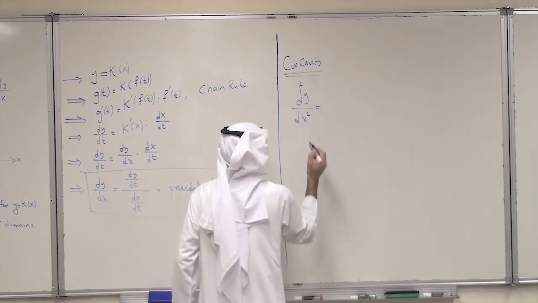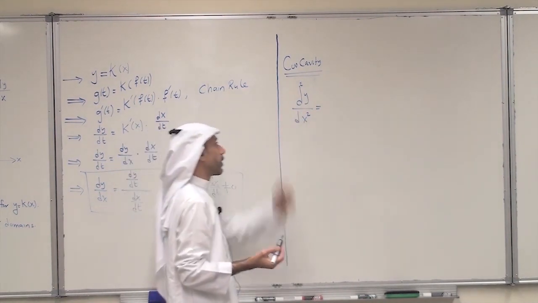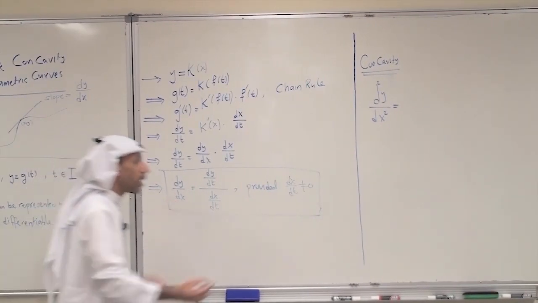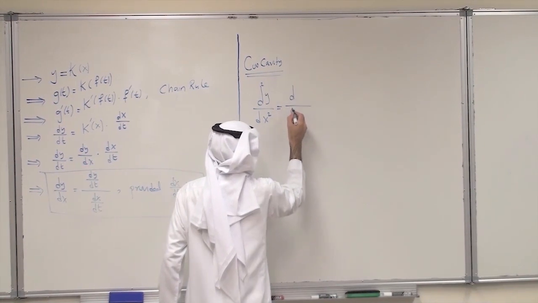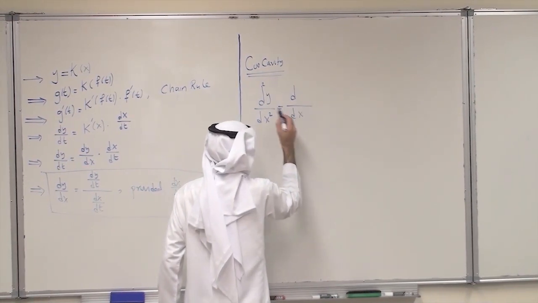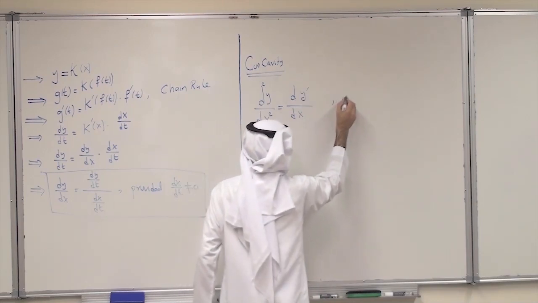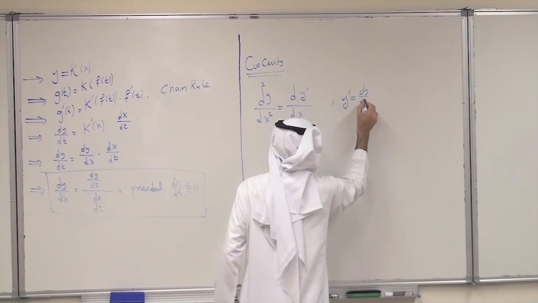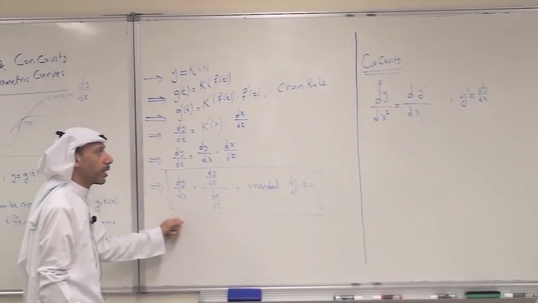Well, I can derive a formula for the second derivative using the formula for the first derivative. How? I can write this in this manner. The first derivative with respect to x of y prime. What is y prime? It is just the first derivative, dy/dx, which was already computed in this formula.